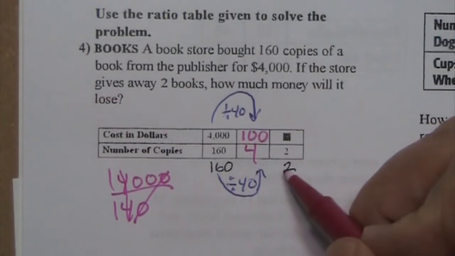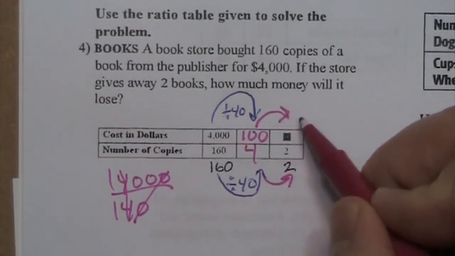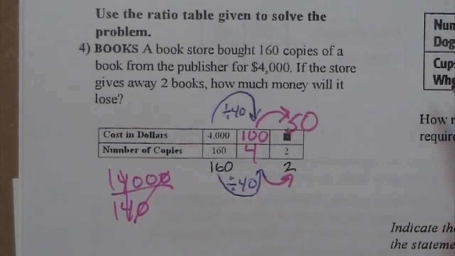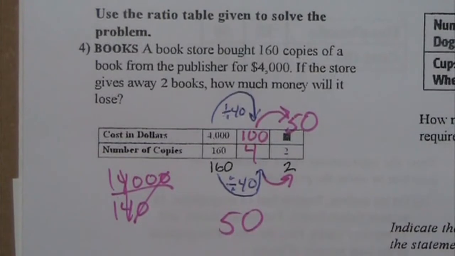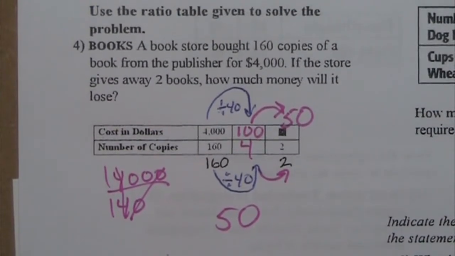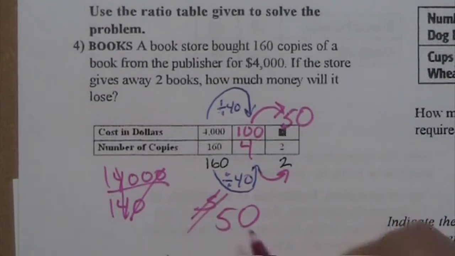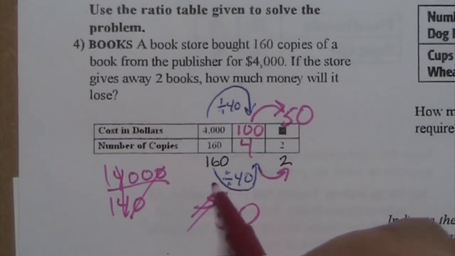And then to go from 4 to 2, I just take half of it, right? Divide by 2, take half of this. That would give me 50. So the answer is 50, wait, 50 what? 50 dollars. That's how much money they lose. $50.